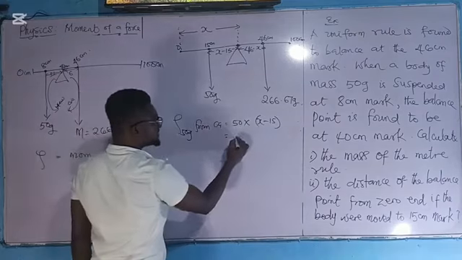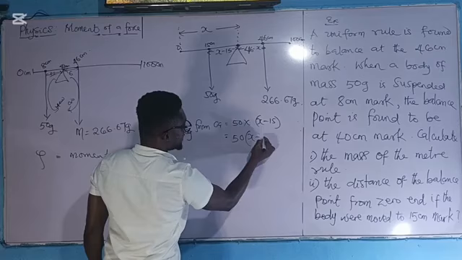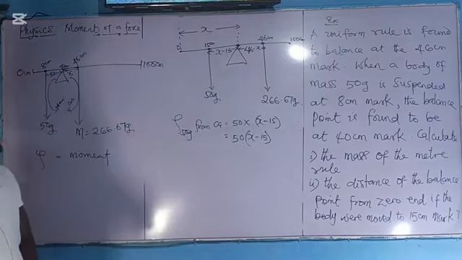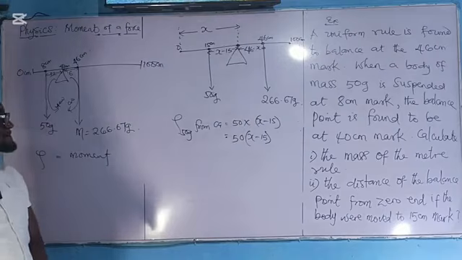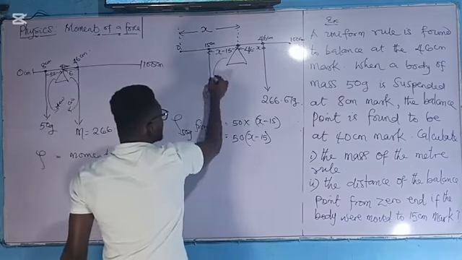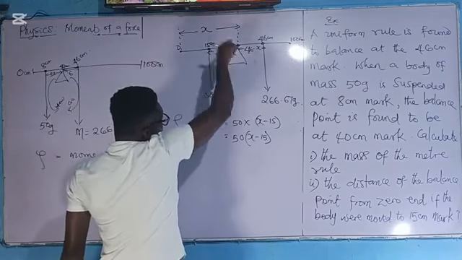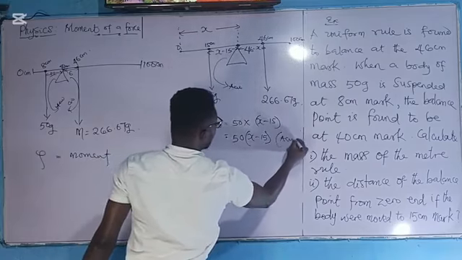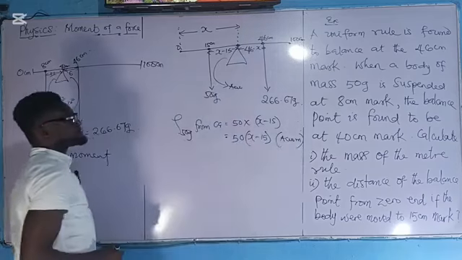So if you multiply this, it gives 50(x minus 15). That's the moment of 50 gram. Now, what direction is it moving in? That should be anti-clockwise. So we have an anti-clockwise moment.